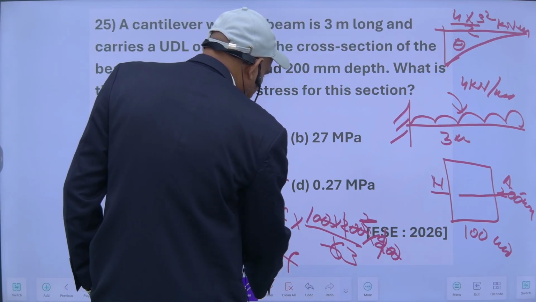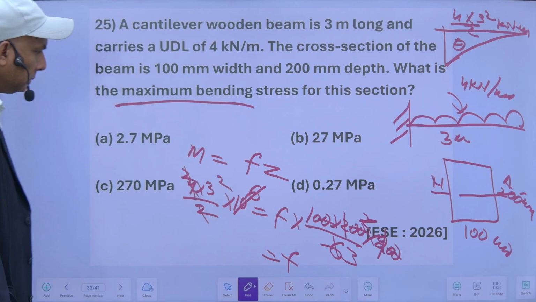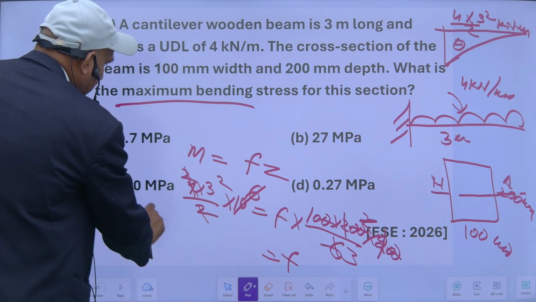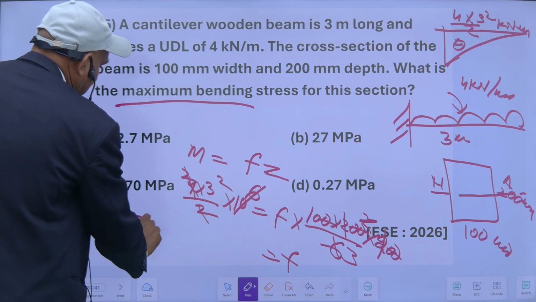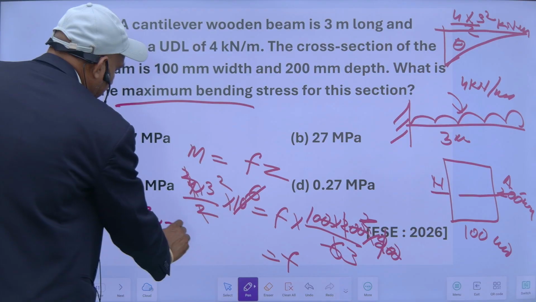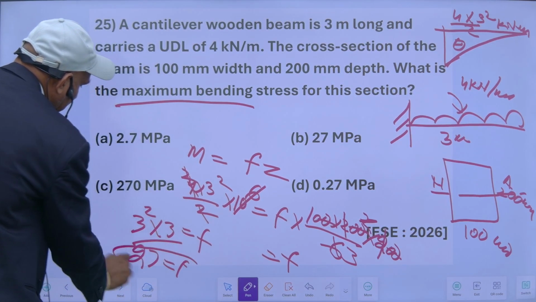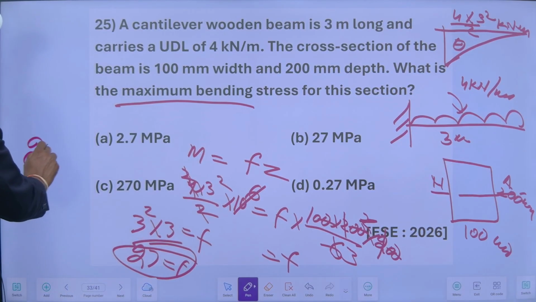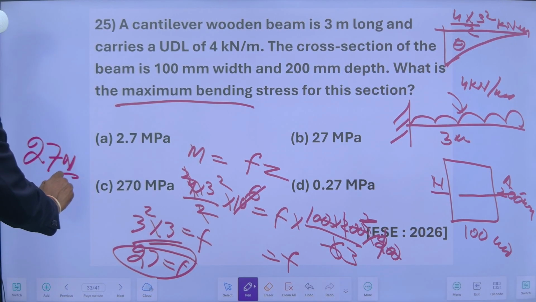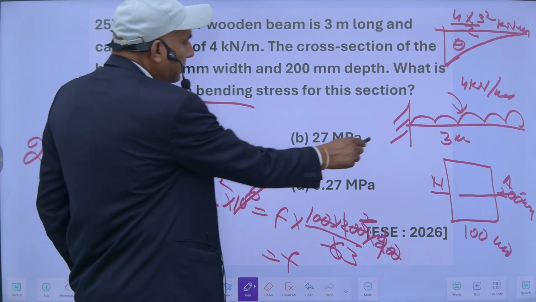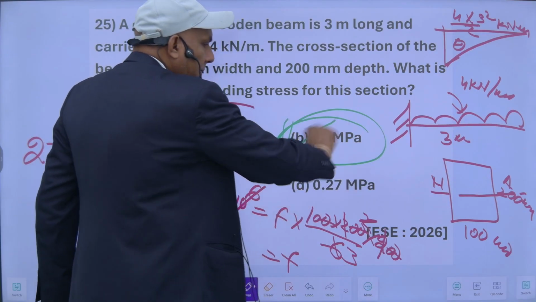F is equal to, 3 square means into 3. So this will be 27. So 27 Newton per mm square means 27 megapascal. So this one is the right option.